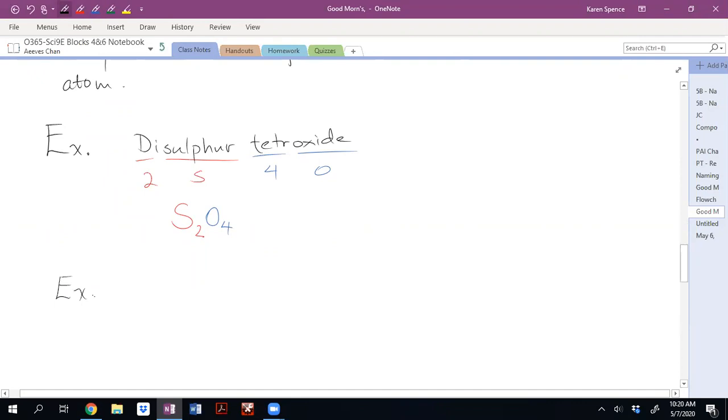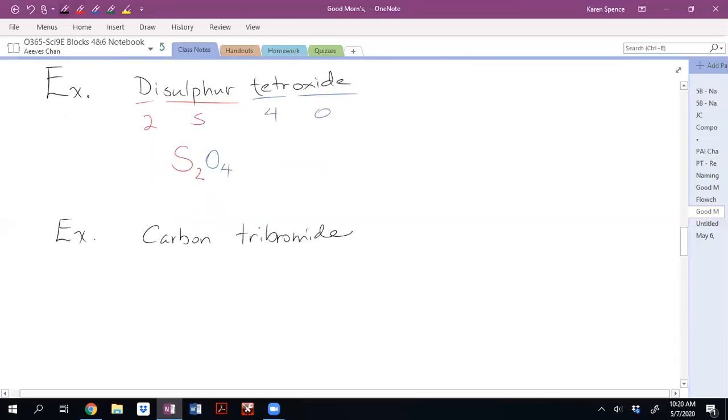And just be aware that if you have something like carbon tribromide, if there is no prefix, how many carbons do we have?